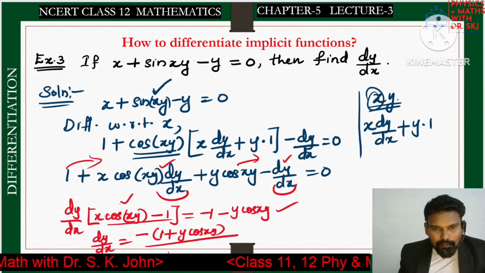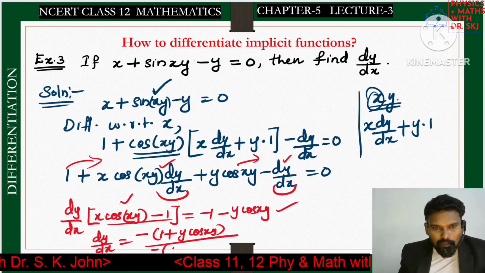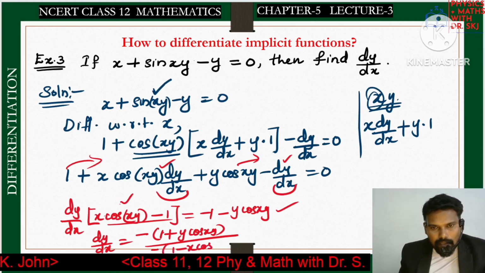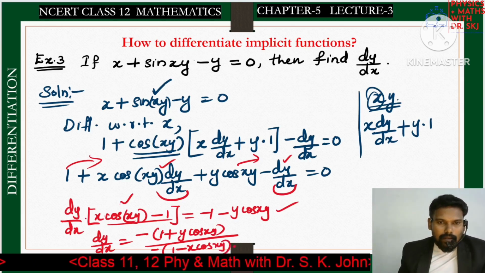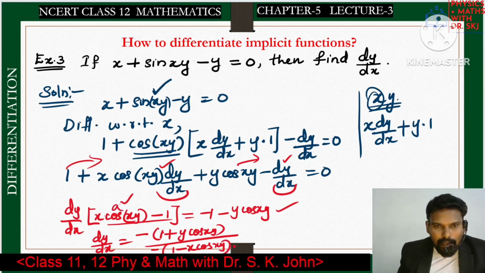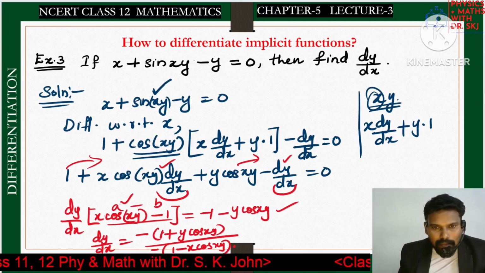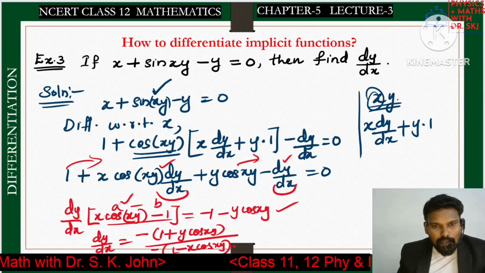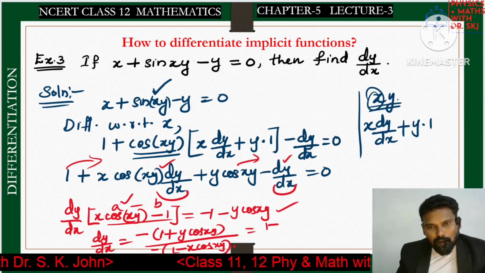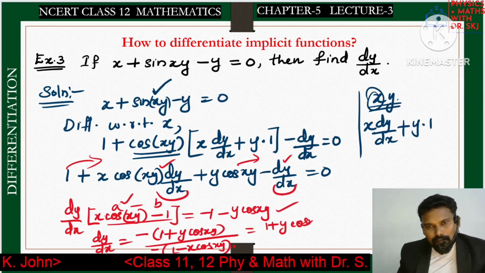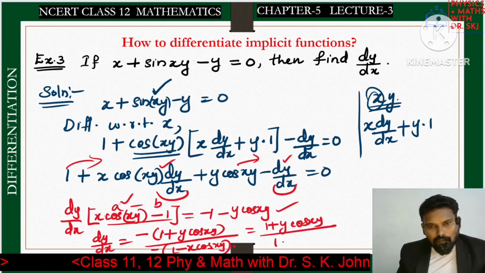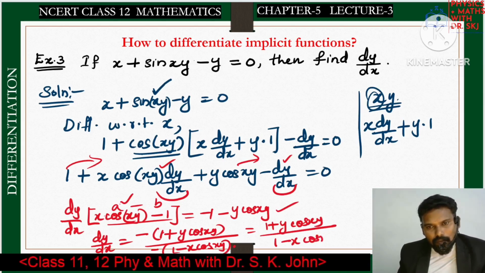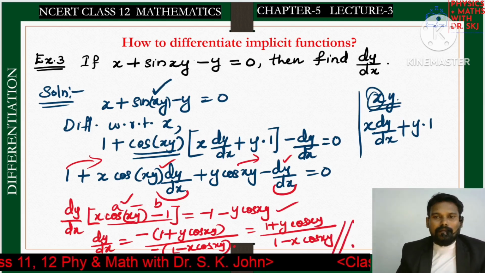I'm writing this term as minus of 1 minus x cos xy. This is like a minus b, I am writing it as b minus a, then I get a minus sign out, and those two minus signs cancel each other. The final answer is 1 plus y cos xy divided by 1 minus x cos xy. This is the final answer of this question.